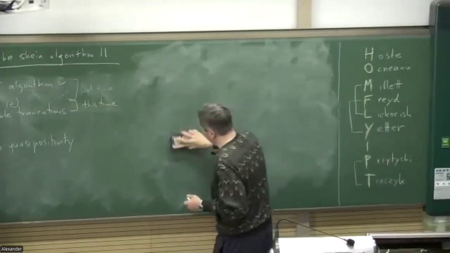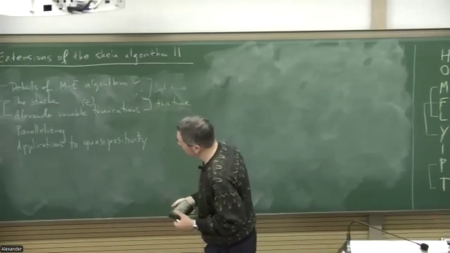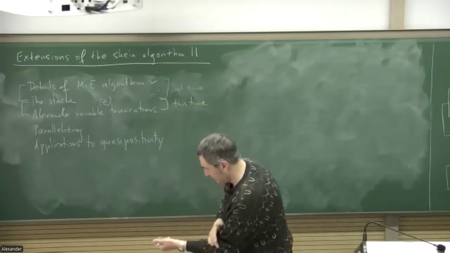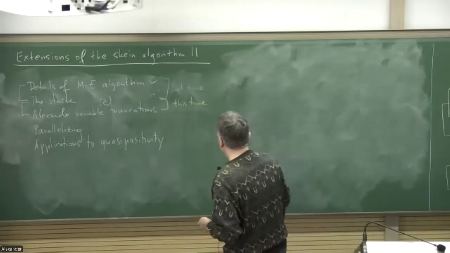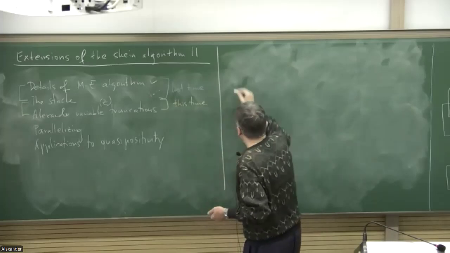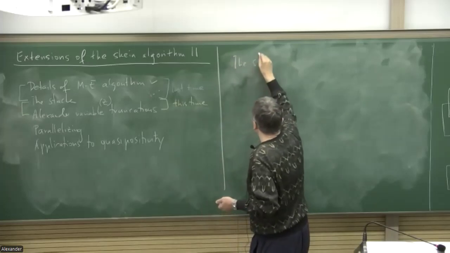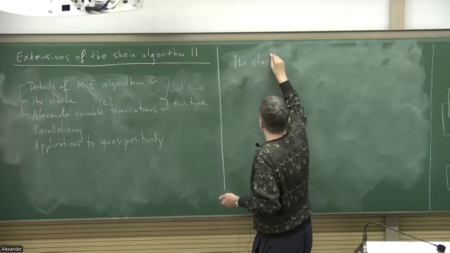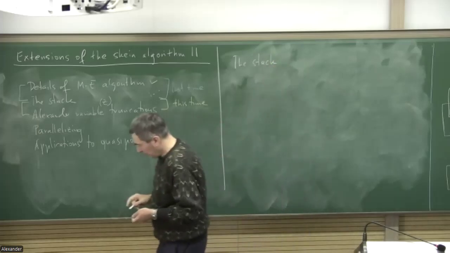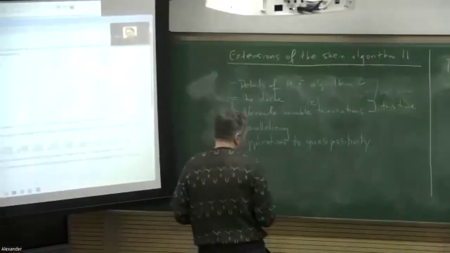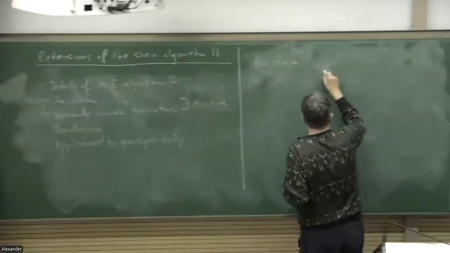So I have to return to the implementation of the Millett-Ewing code. And now, without repeating too much, we said you had a skein tree.